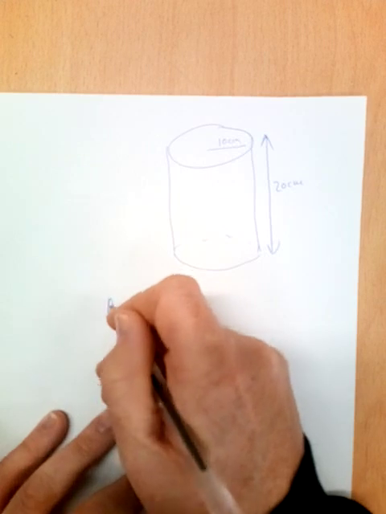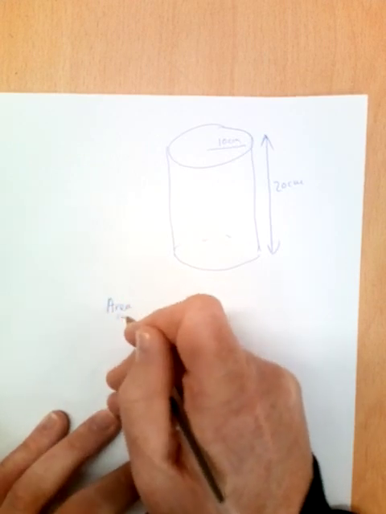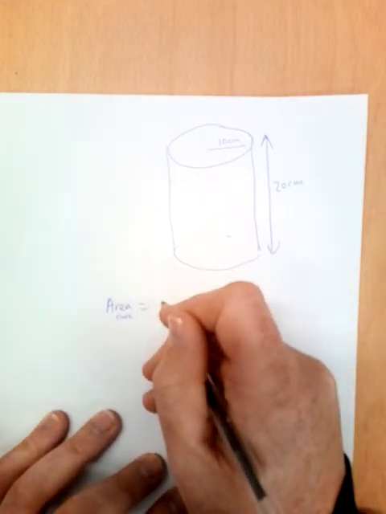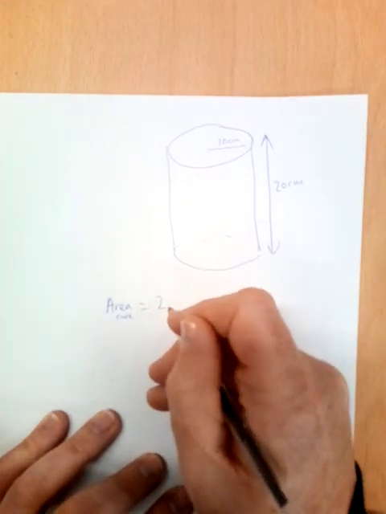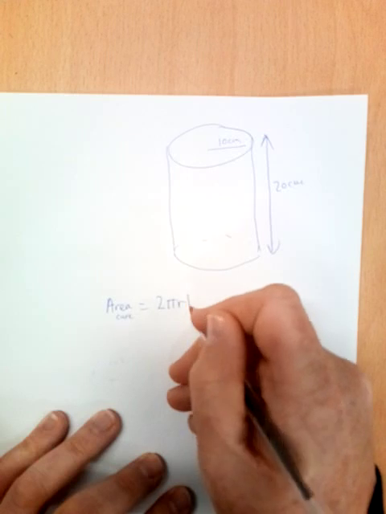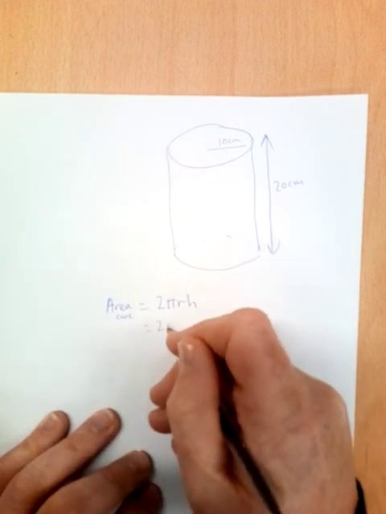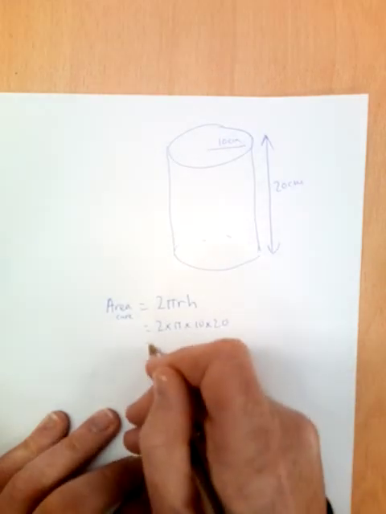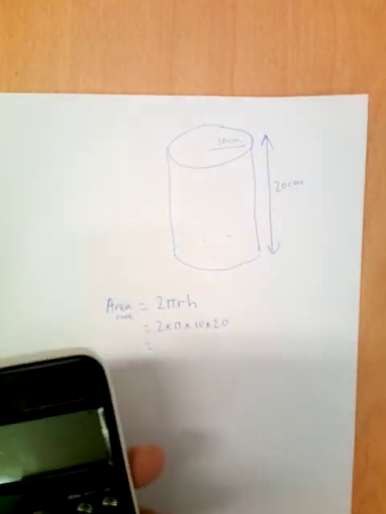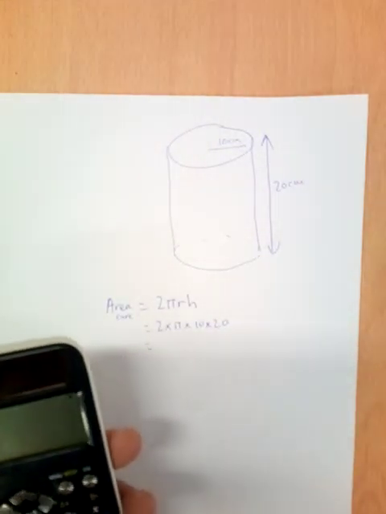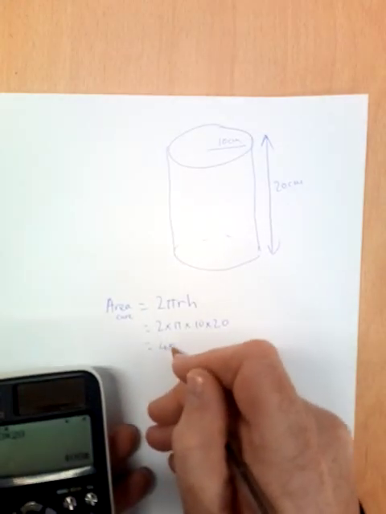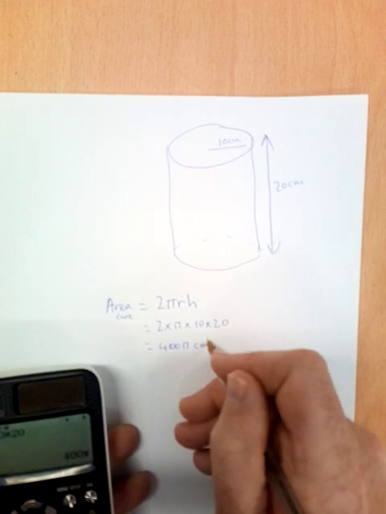Then the area of the curve is going to be 2 pi r h, which is 2 by pi by 10 by 20, and you can use your calculator, 400 pi centimeters squared.